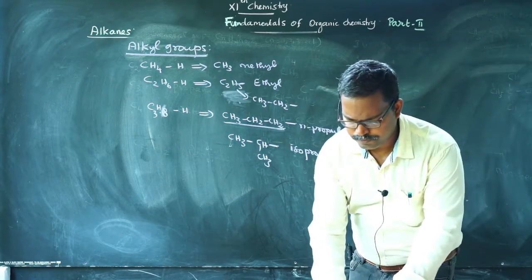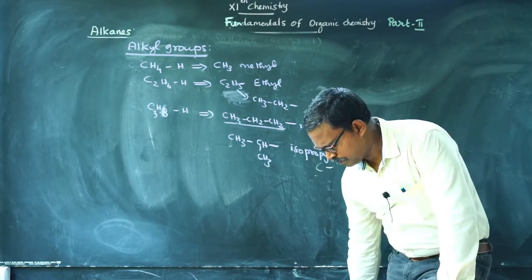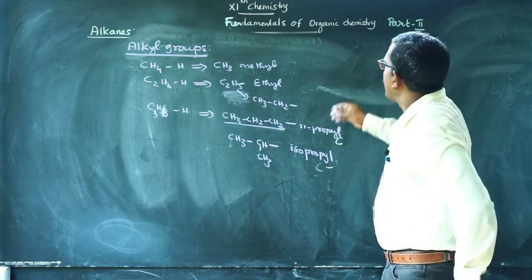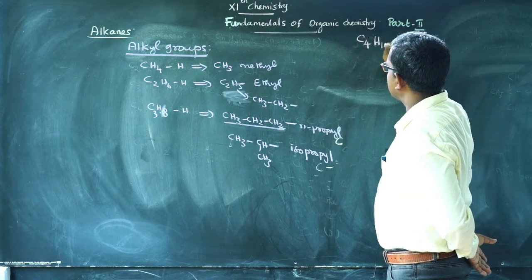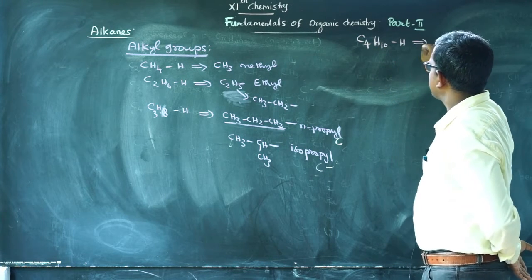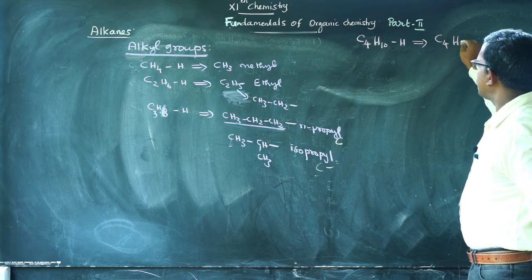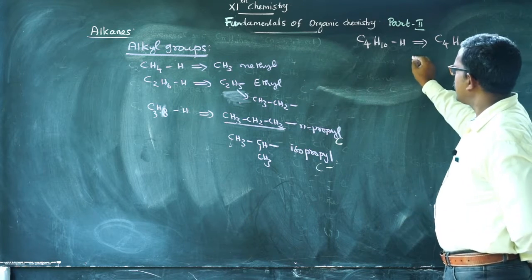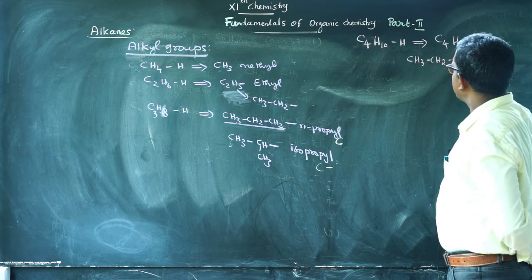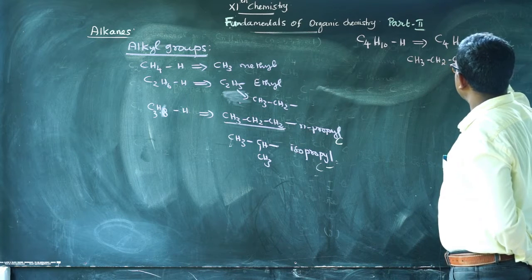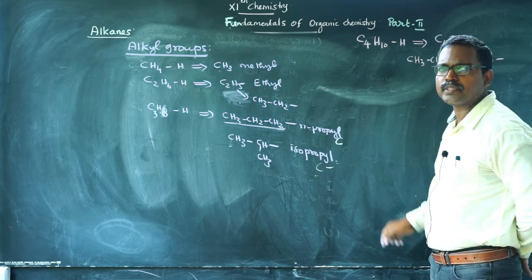Carbon number 4: C4H10 minus H gives C4H9. CH3CH2CH2CH2 has 4 carbon atoms.